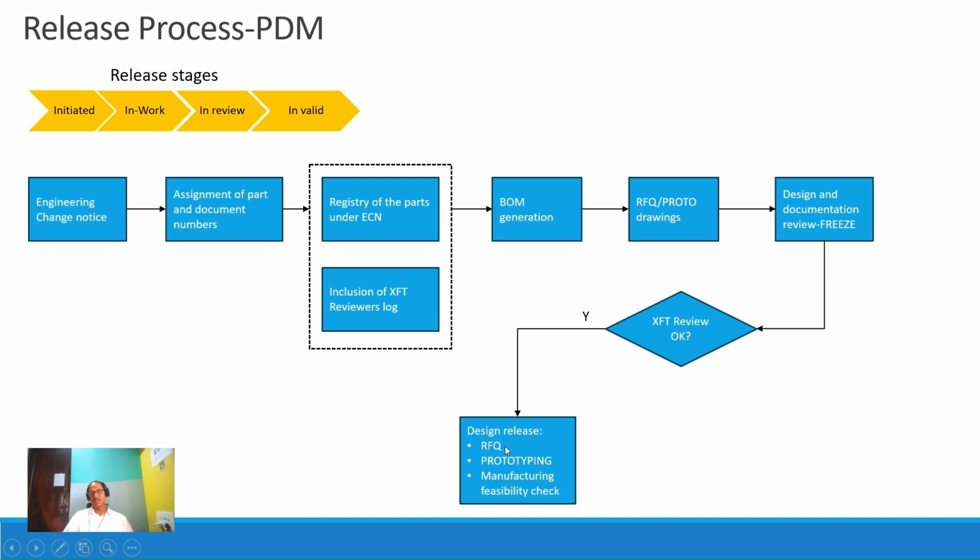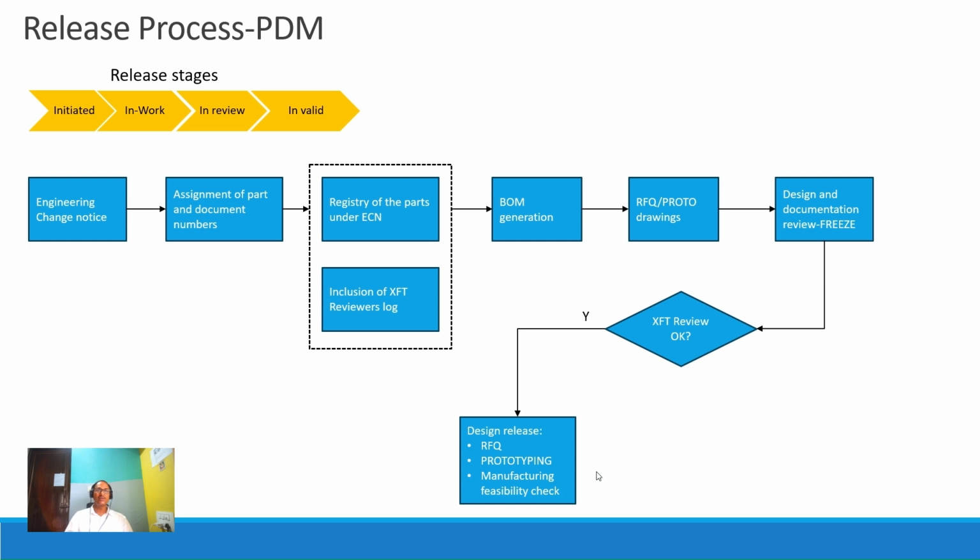RFQ stands for request for quotation, prototyping release. The data is also released to check the manufacturing feasibility at the supplier end. These valid documents are distributed to the cross-functional team. Mainly, the purchasing team picks up this document and distributes them to their potential suppliers.